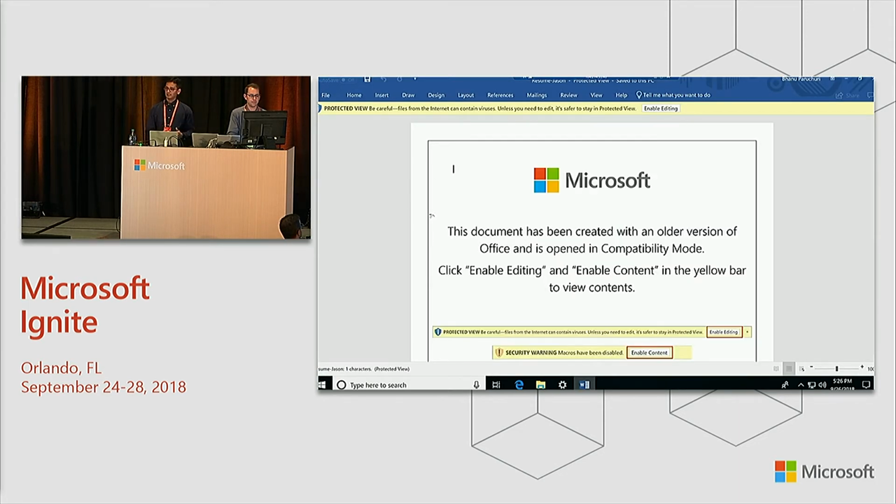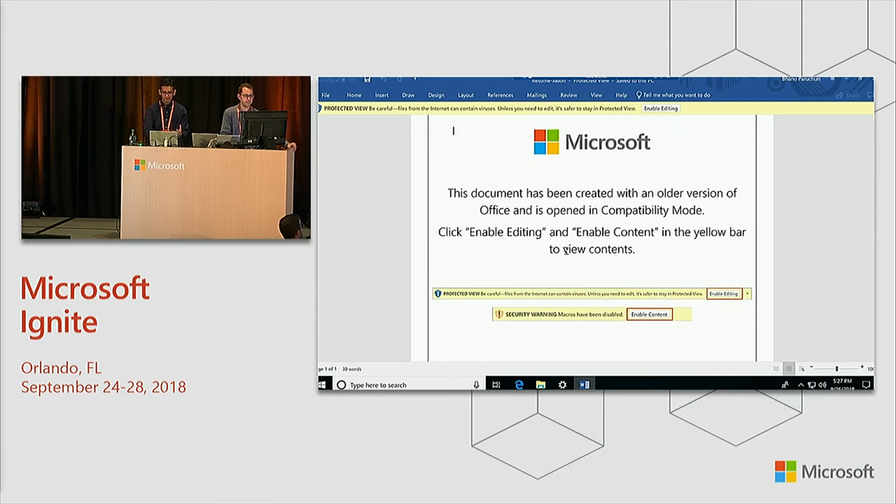well, of course, he sees protected view. The first line of defense is warning him, hey, this is an untrusted file, you just need to read it, stay in protected view. But of course, the document has very helpful instructions to what to do. So Bhanu says, okay, fine, I'm going to enable editing.